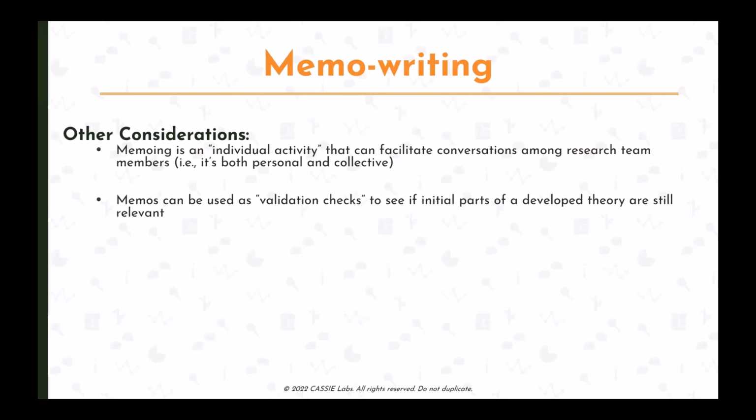Memos are also a way to keep ourselves, again, honest. As I alluded to earlier, qualitative researchers, we're held to different standards in order to demonstrate that the work we do is rigorous, systematic, and worthy of contributing to the scientific community's knowledge base. So memos are a way that, in essence, we record a history of our actions.